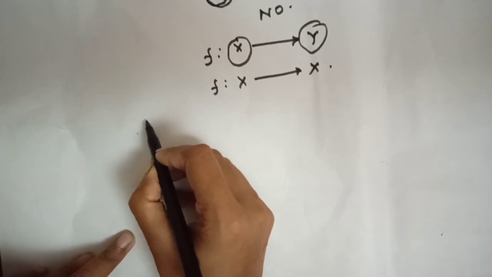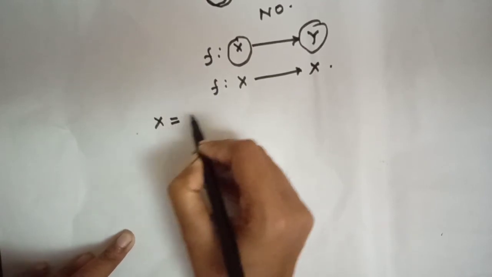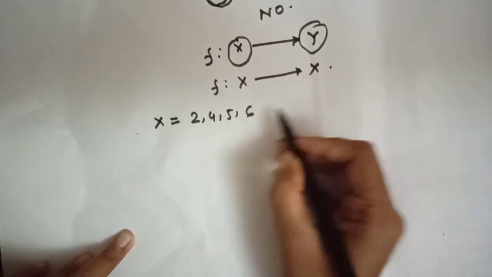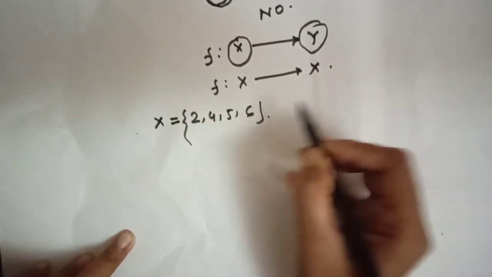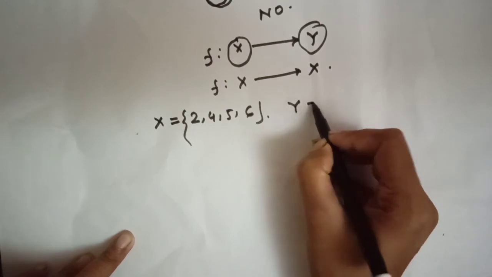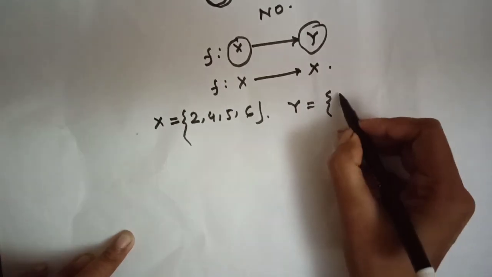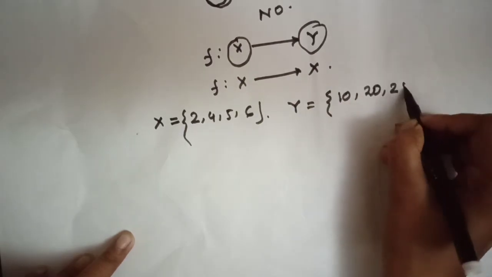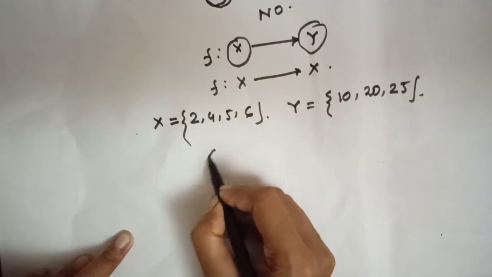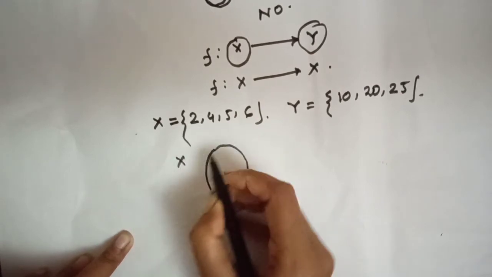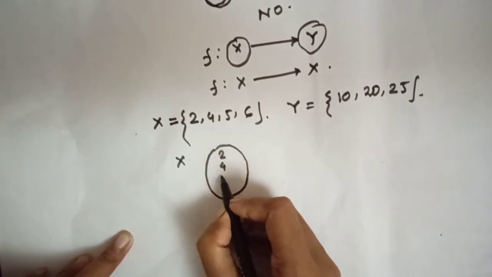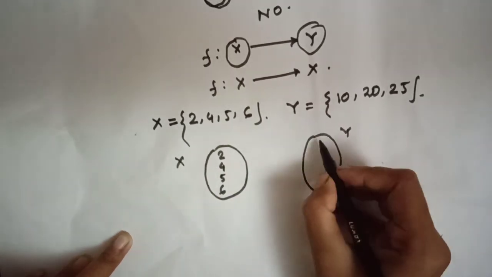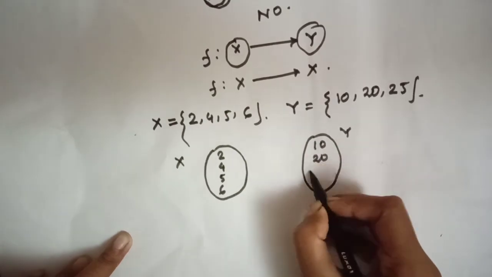Let X equal to 2, 4, 5, 6, set of all elements, and Y equal to 10, 20, 25. Let's see the picture. Here X is 2, 4, 5, 6. Here Y is 10, 20, 25.